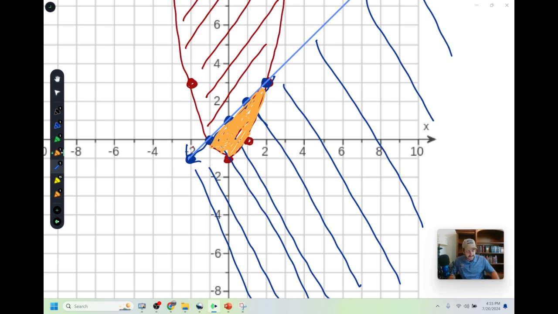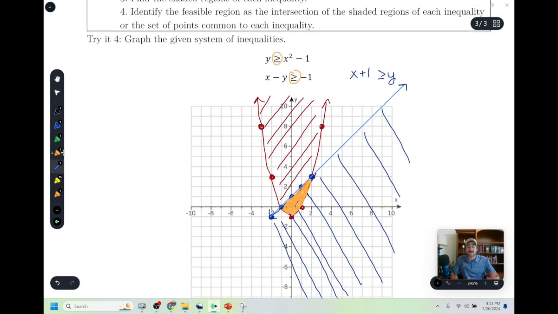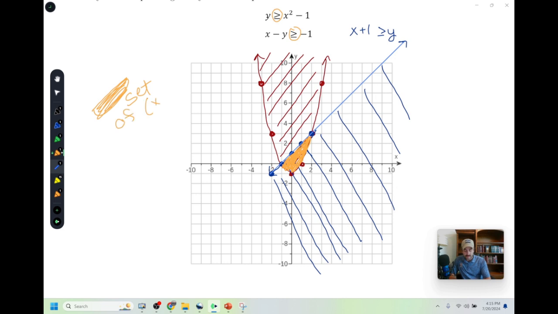Any point inside of that area, and because they both are underlined, including the lines, is a solution of that equation. So you can pick any point in that orange section there, and that would be all of the solutions. But the answer to graphing the system looks just like that, where you note that the color orange is the set of x comma y solutions.